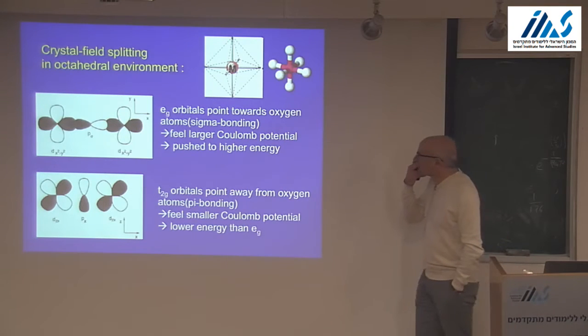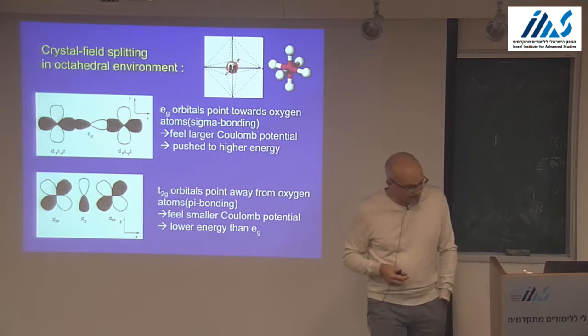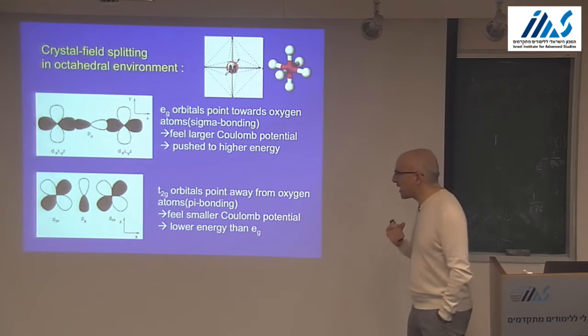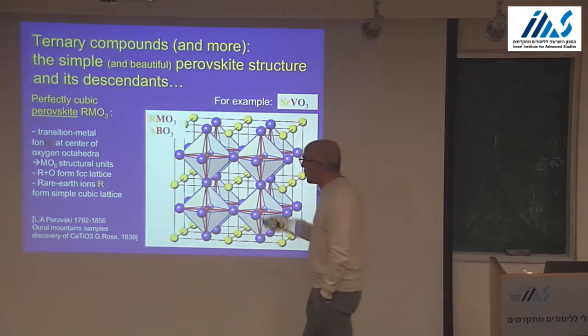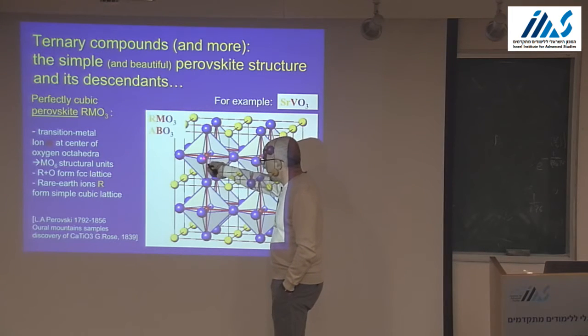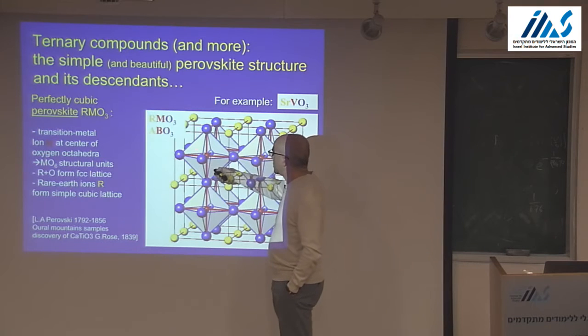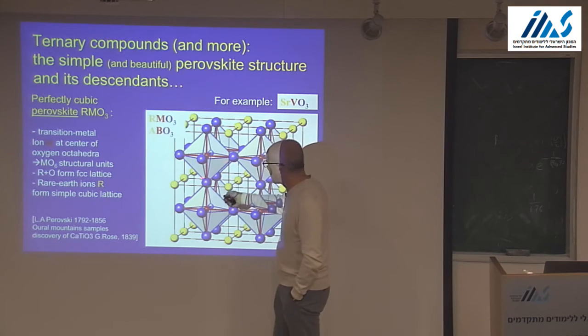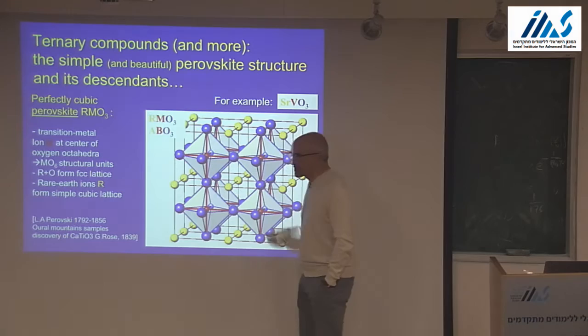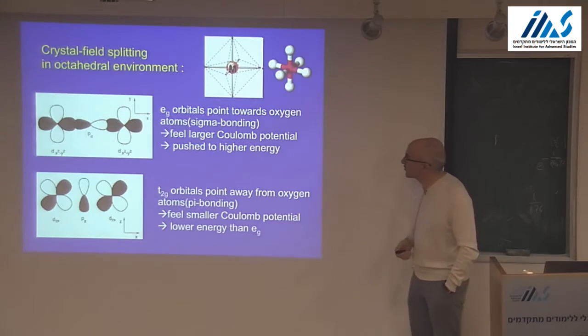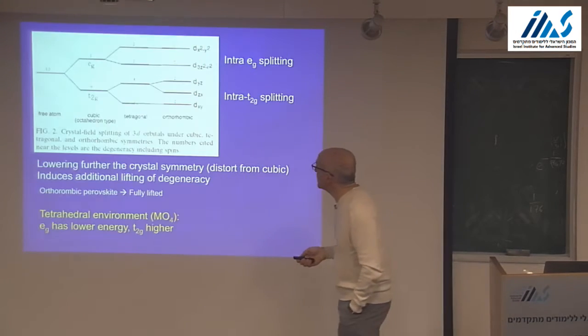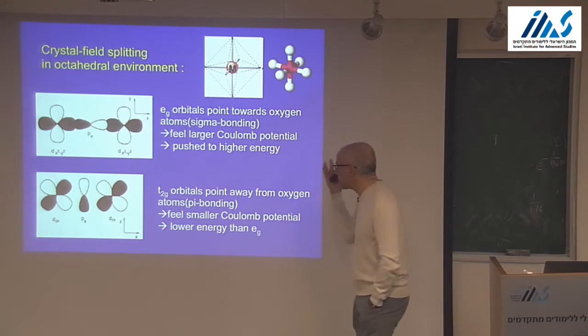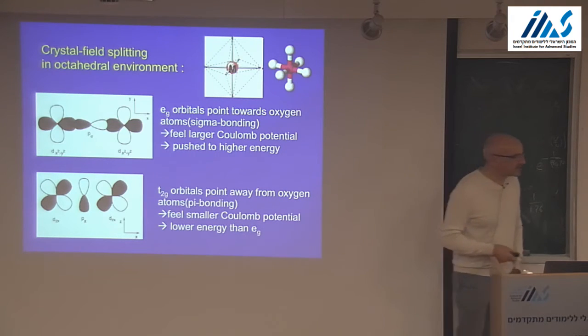Okay. So let's go back to the pure cubic, and let's look at what happens when we have one 5-fold degenerate d orbital subject to the cubic symmetry breaking of this perfect octahedral environment. Well, that's a problem which is called crystal field theory. This is something that Hans Bethe worked on in the 30s, for example.